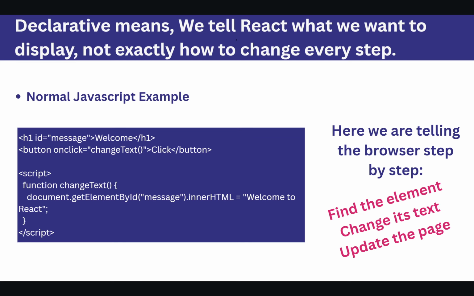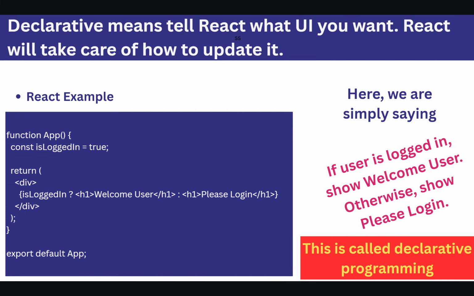Whereas what exactly happens in React is you can see this function App, which is basically a component. What is written in this App function component is: if the user is logged in, show welcome user, otherwise show please log in. So the headache of updating the page is left to React.